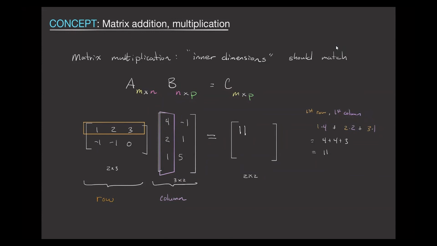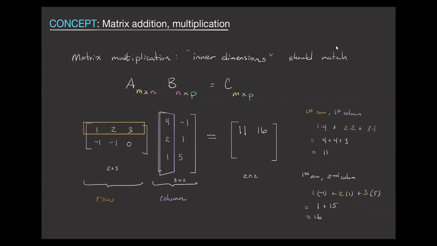If we then take the first row, second column, that's the first row being 1, 2, 3, and the second column, which is negative 1, 1, 5. We add all that up. What we get is negative 1 plus 2 is 1 plus 15. So that's 16. We get 16 here.